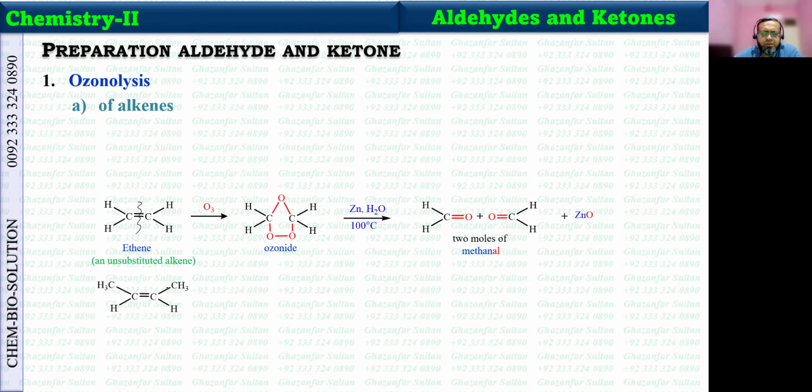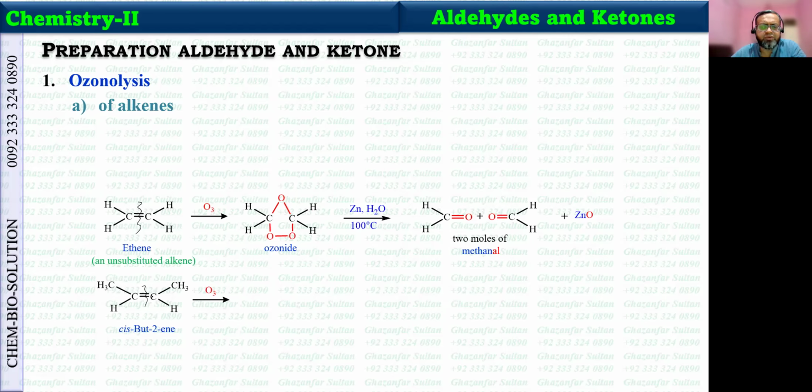Let's see. Here, this is cis-butene. Cis because both of the methyl groups are on the same side. Even if it was not cis-butene, even if it was trans-butene, the same product will be obtained, because the cleavage occurs at this position. So you can predict the product.